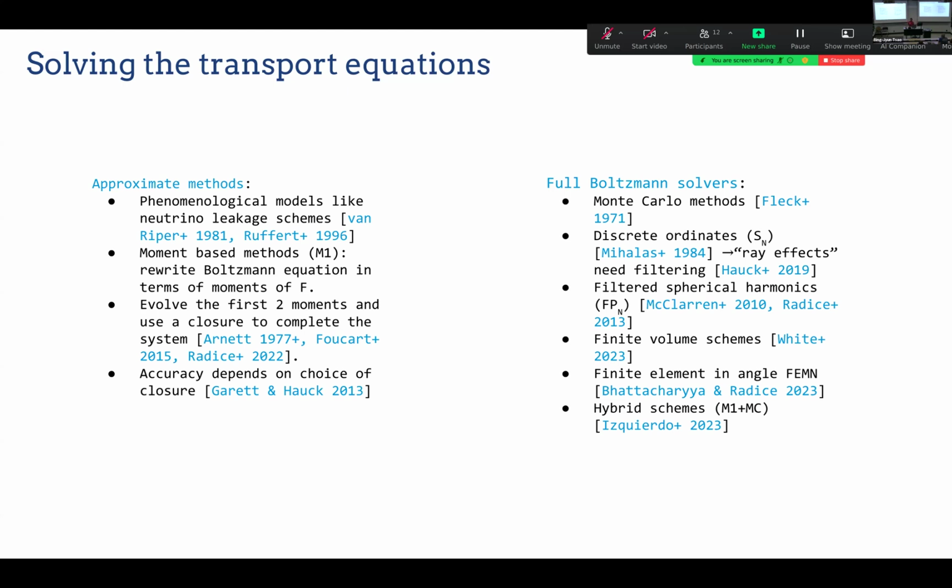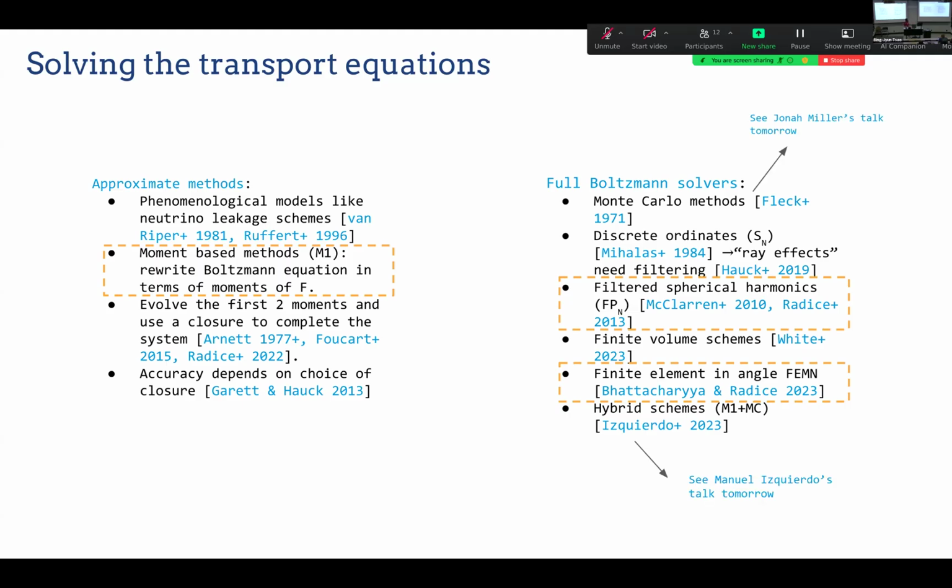And finally, hybrid schemes, which use a combination of these approximate methods and Monte Carlo methods, using the Monte Carlo method as a more accurate way to have the closure for the M1 when things are not good for M1. I will mostly be talking about the M1 scheme, the filtered spherical harmonics, and also the finite element in angle.